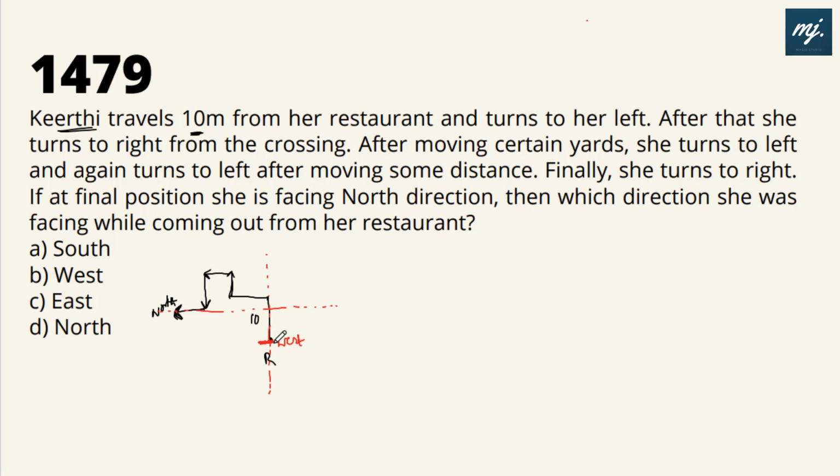So if this is the starting point, she actually moves towards east. Isn't it? Then which direction she was facing while coming out from the restaurant? It is east. Option C shall fit in.